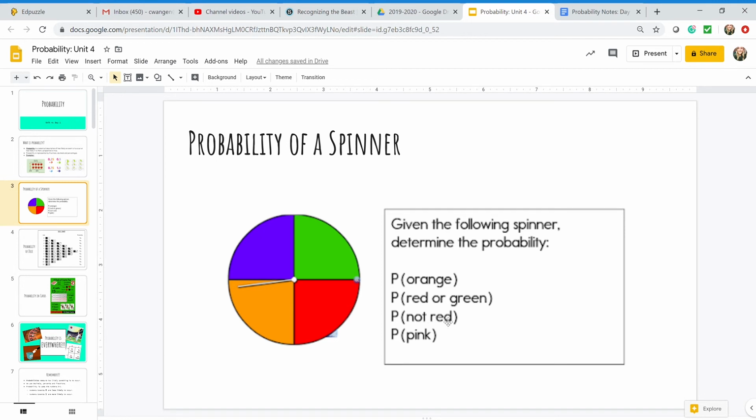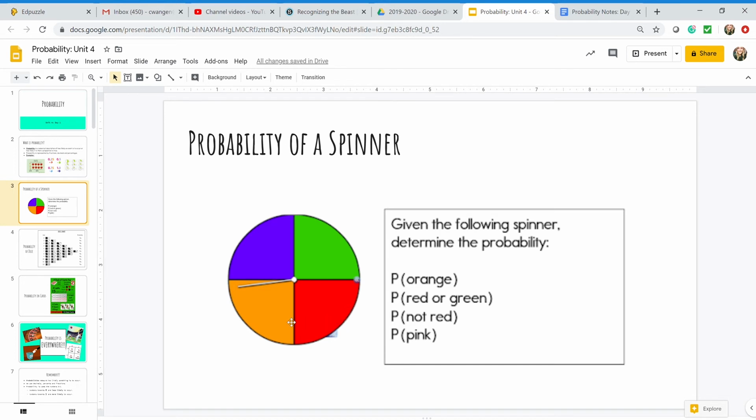For this one right here, not landing on red. If we look at that, we have a total of 4 sections, 1, 2, 3, and 4. We know that a whole is 1, and we know that a quarter, or a fourth, is 1/4 of a whole. So the probability of it not landing on red is we have to subtract a fourth from this.